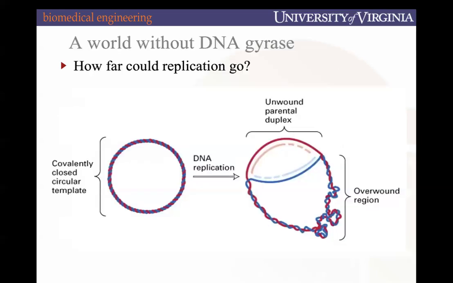Exactly right. Because we're inhibiting DNA gyrase, supercoiling occurs outside of the replication bubble. Because of that, the DNA cannot be separated or melted any further. As a result, this is going to block and inhibit DNA replication within the anthrax bacterium.